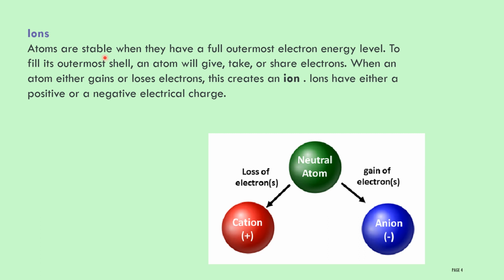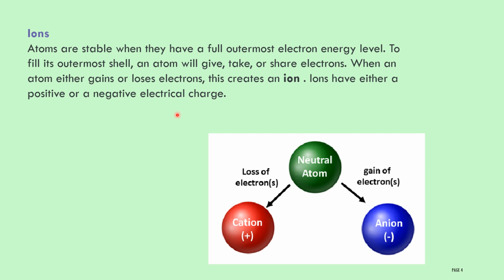Atoms are stable when they have a full outermost electron energy level. To fill its outermost shell, an atom will give, take or share electrons. When an atom either gains or loses electrons, this creates an ion. Ions have either a positive or negative electric charge.